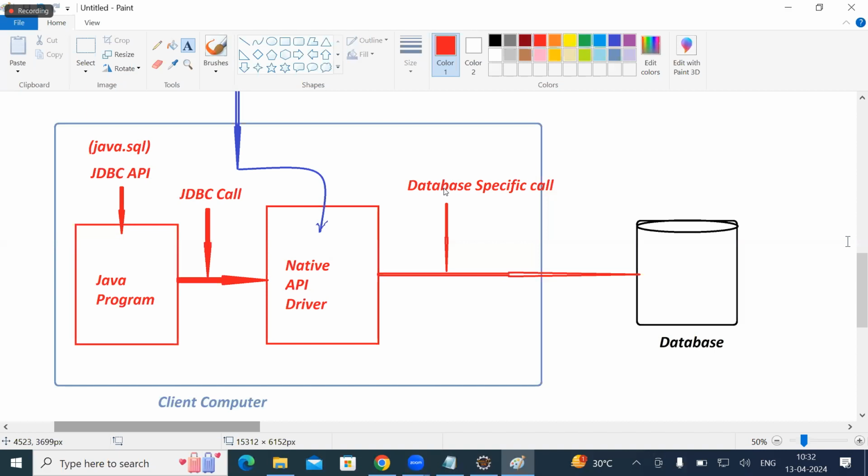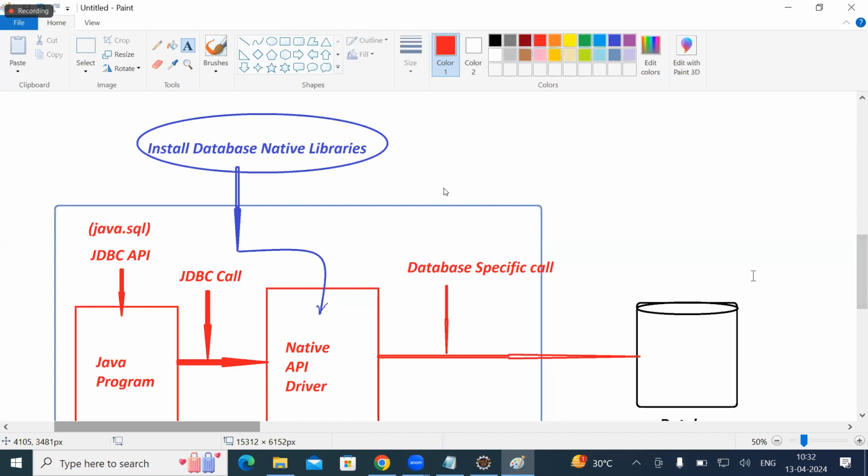Above the arrow, install database native libraries.